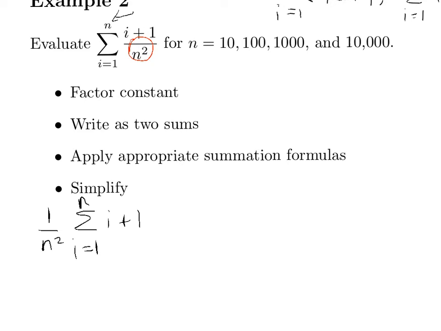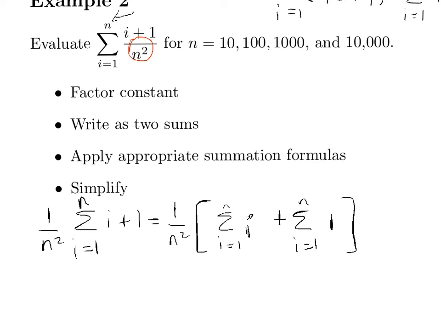Now we can use the rule we just looked at. Again, 1 over n squared is our constant, and this is the same as the sum from i equals 1 to n of i, plus the sum from i equals 1 to n of 1. So we separate it into two separate sums.